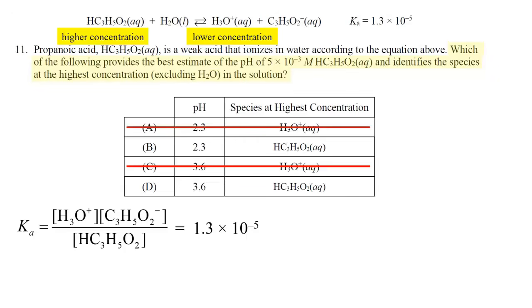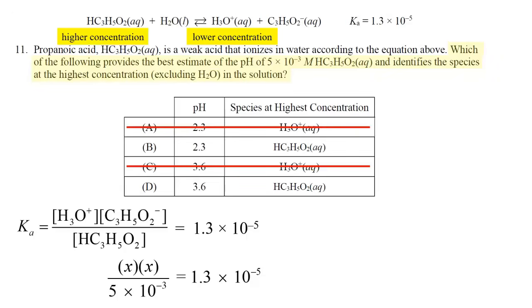So we know in this problem that we have a solution with a concentration of 5 times 10 to the negative 3 moles per liter. So that concentration goes in the denominator of this expression. And in the numerator, we have two unknown quantities, but they are equal to each other based on the 1-to-1 mole ratio in the coefficients.